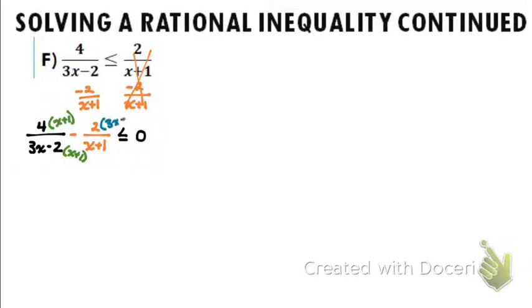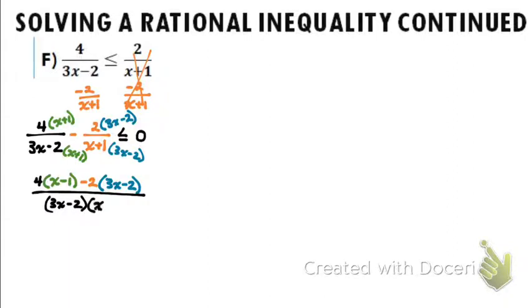And my second rational by 3x minus 2. So that I have 4 times x minus 1 minus 2 times 3x minus 2 all over that common denominator. And I want to know where that is less than or equal to 0.